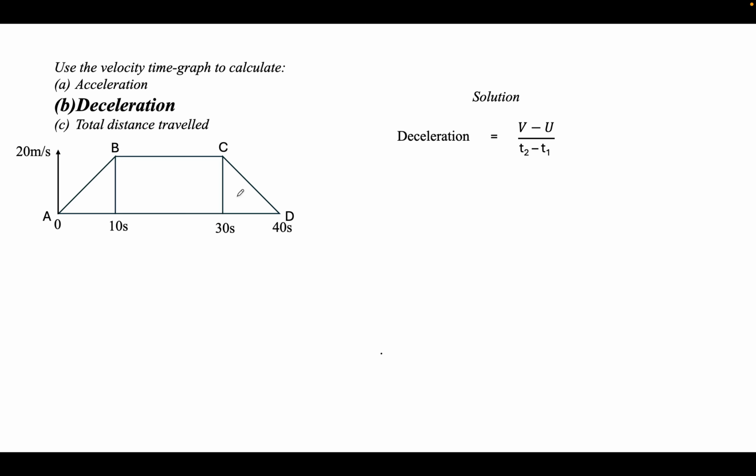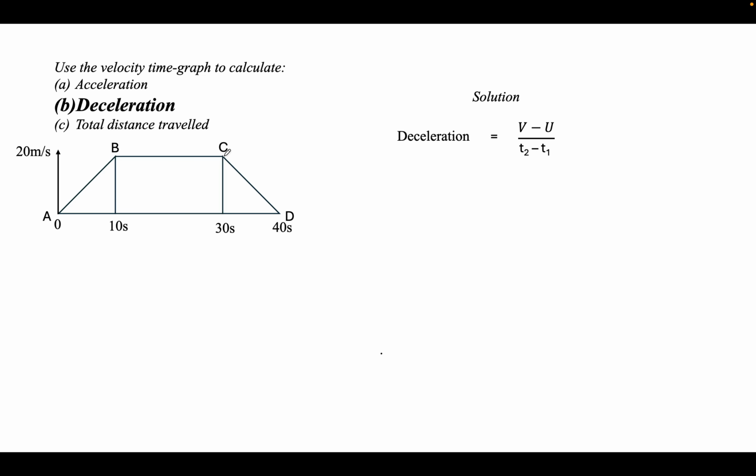And first of all, let us find out what is our initial velocity, what is our final velocity, and also what is our final and initial time. So the object starts moving from this point to this point using a speed of 20 meters per second, and the object keeps moving to this point, that is point C, using the same speed.